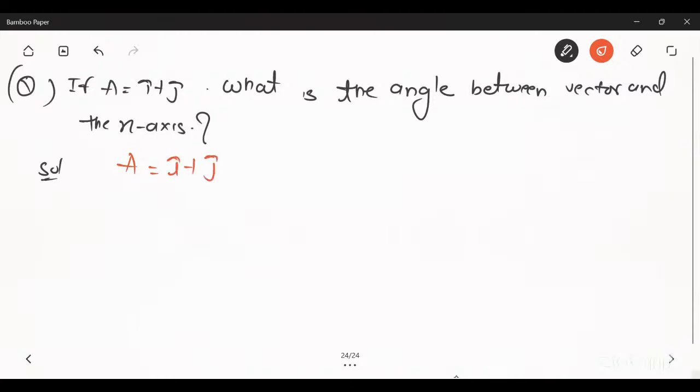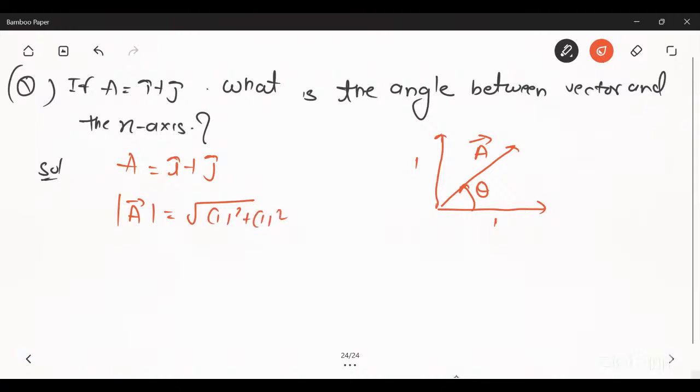It means the I cap coefficient is 1 and the J cap coefficient is 1, so it is moving 1 unit in the x direction and 1 unit in the y direction. That vector A is at angle theta. So what is the magnitude of vector A? A has magnitude under root of 1 whole square plus 1 whole square, which equals under root 2.